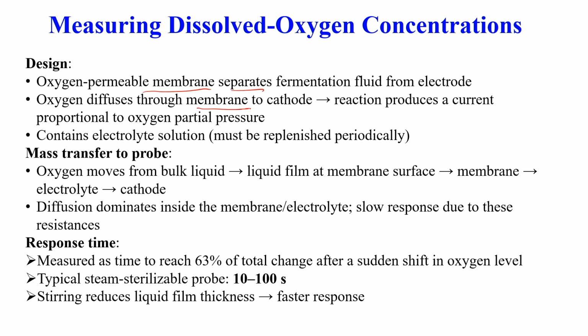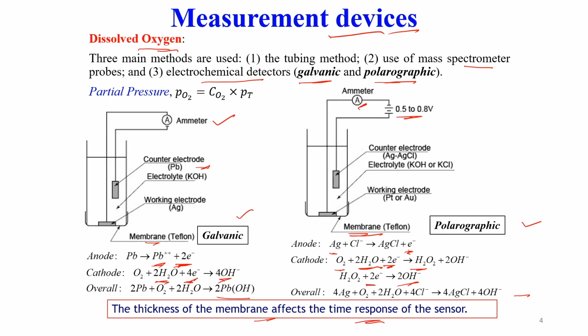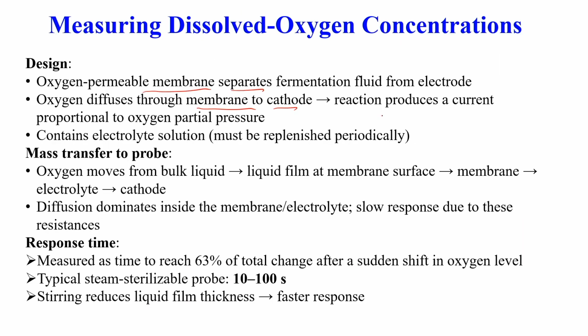Then oxygen diffuses through the membrane to the cathode, where the reaction takes place, and the reaction produces a current proportional to oxygen partial pressure, meaning how much oxygen has been utilized. There is an electrolyte solution that needs to be replenished periodically.